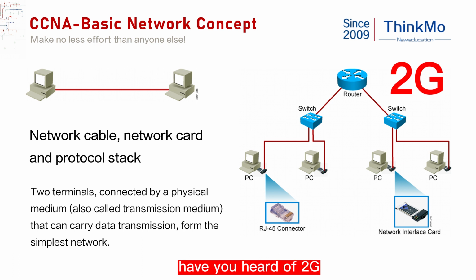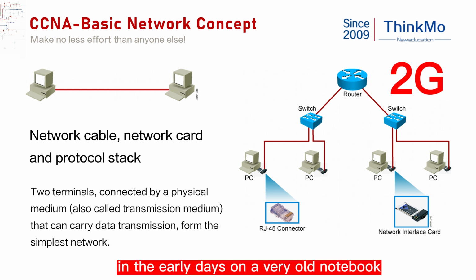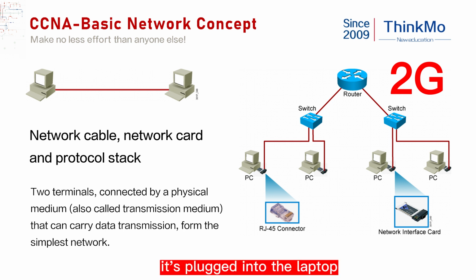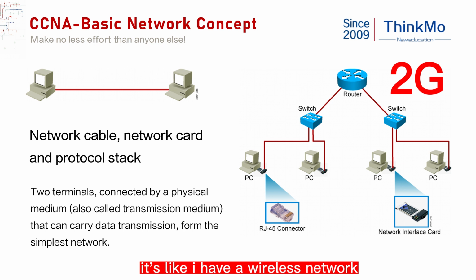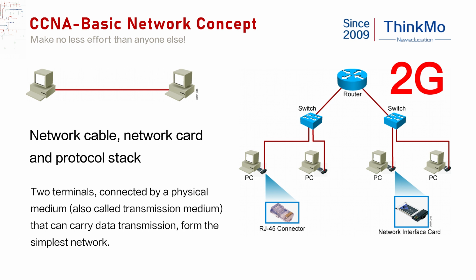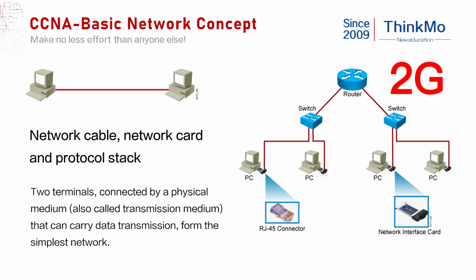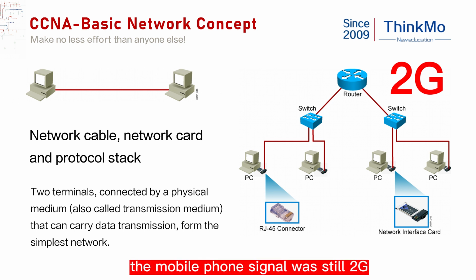Have you heard of 2G? In the early days, on a very old notebook, we'd insert cards like this. In fact, it is our SIM card. In the earliest days, it was plugged into the laptop, as if I had a wireless network. It is the SIM card of our mobile phone. At that time, the mobile phone signal was still 2G.